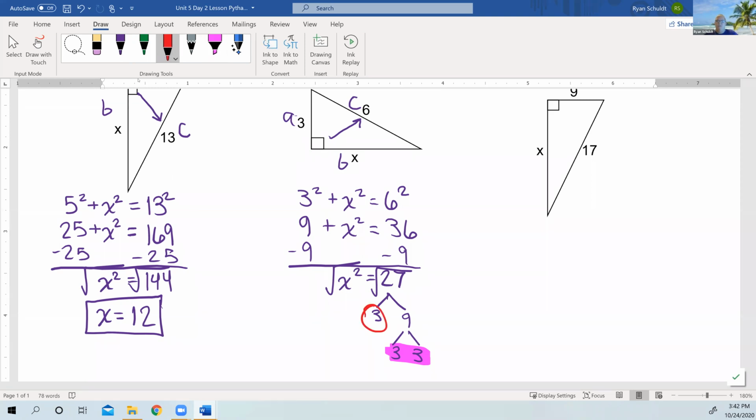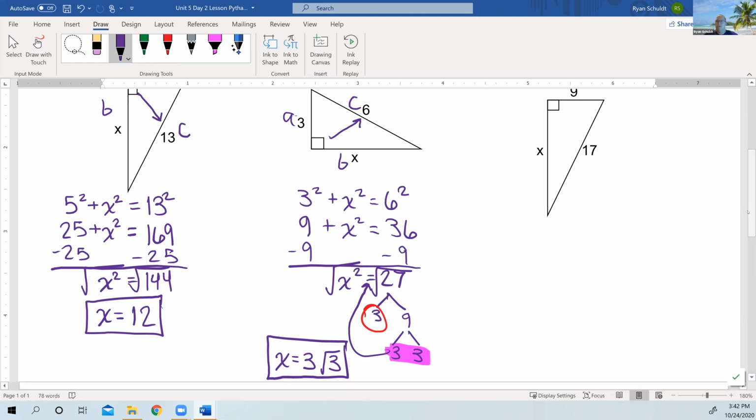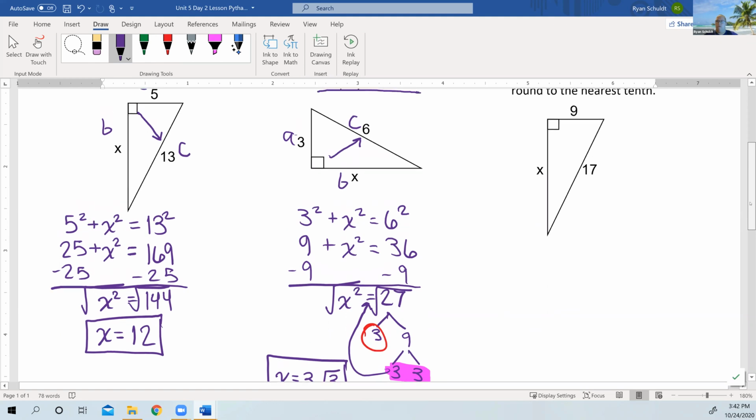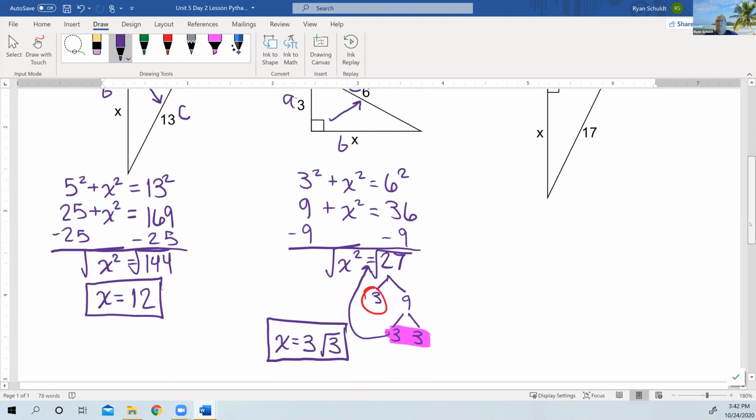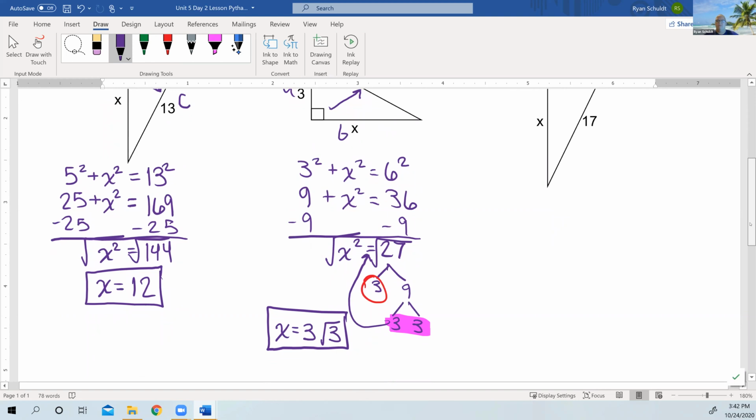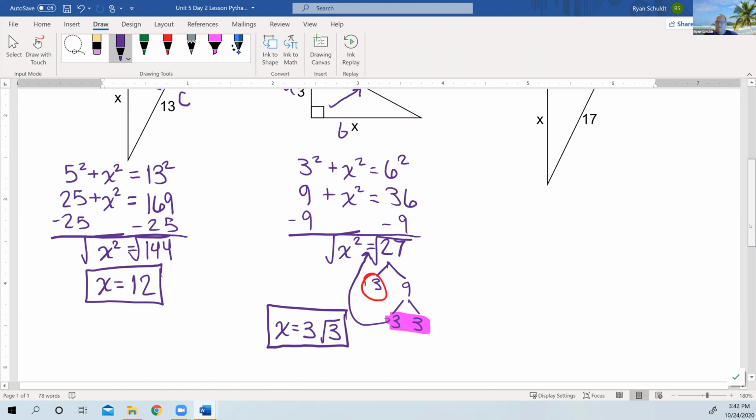Singles stay home. So these come out front. That stays underneath. So x equals 3 square roots of 3. So there's that one. We simplified the radical, meaning we still have a radical in our answer.